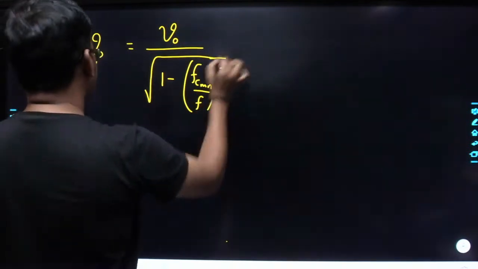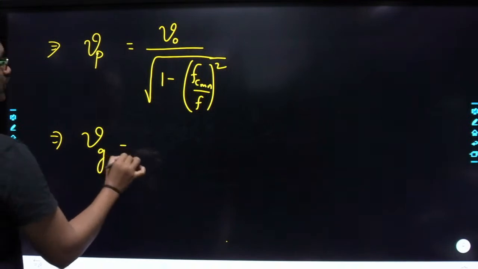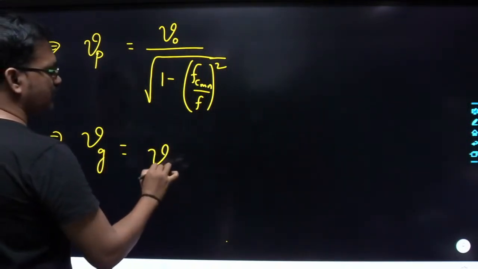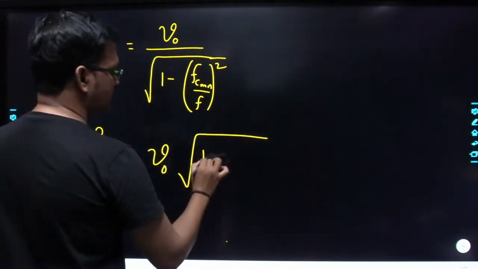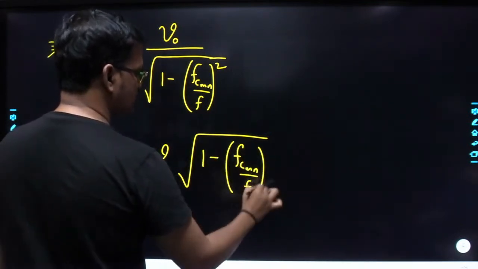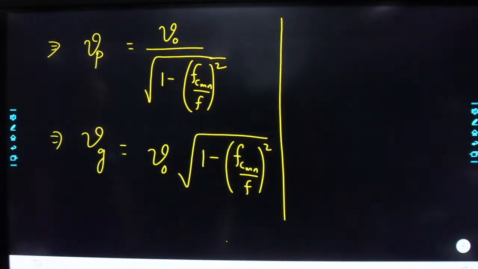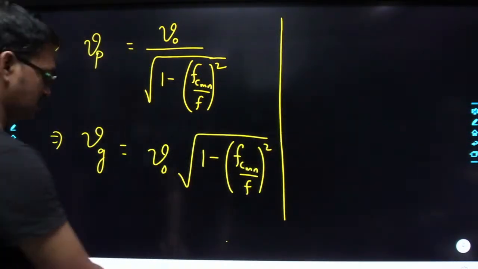This is the expression for phase velocity. And the expression for group velocity is nothing but V naught into square root of 1 minus (fc_mn by f) whole square, right?